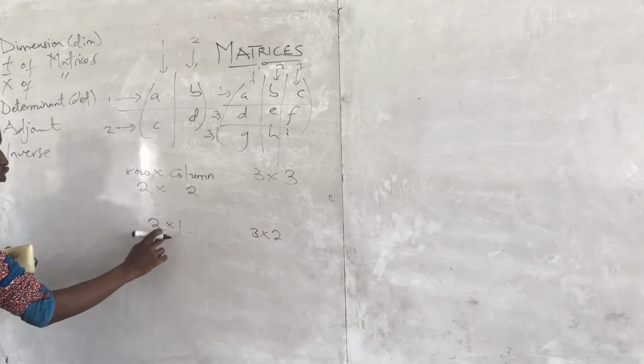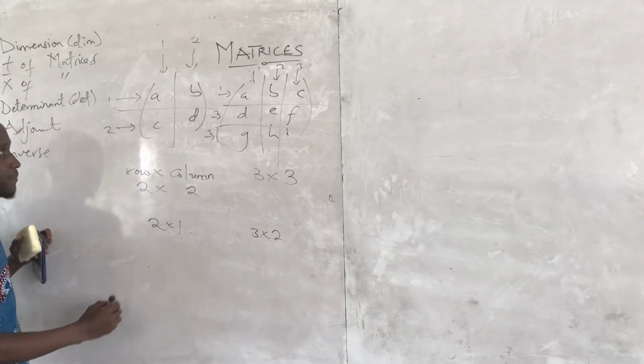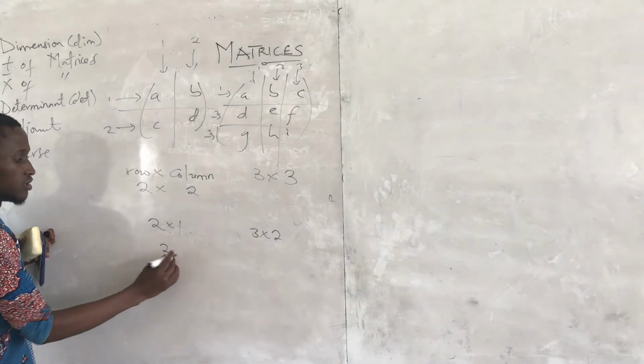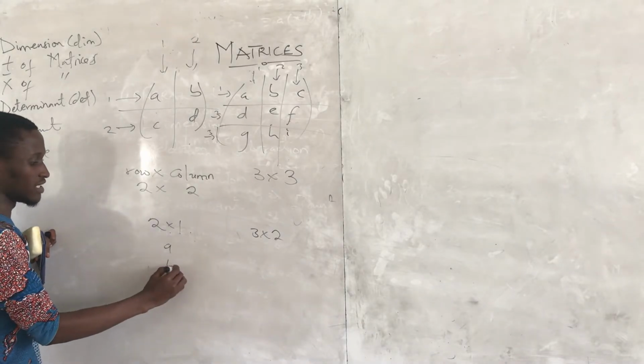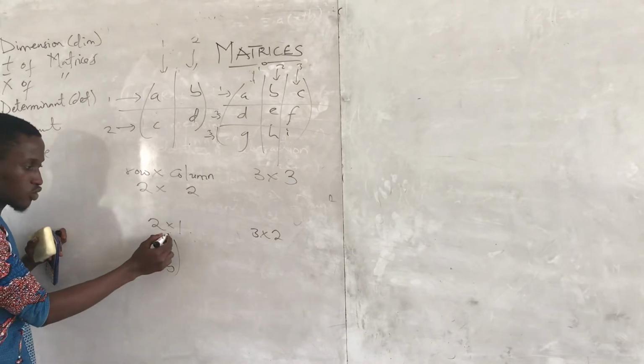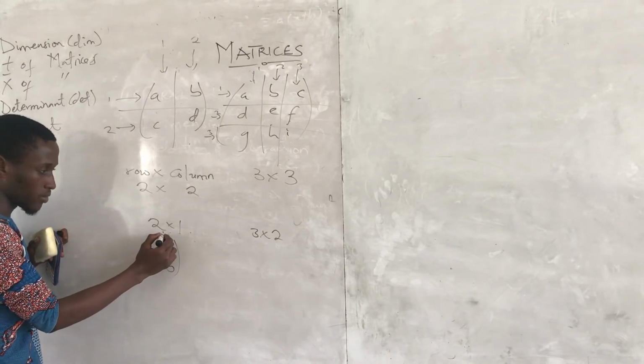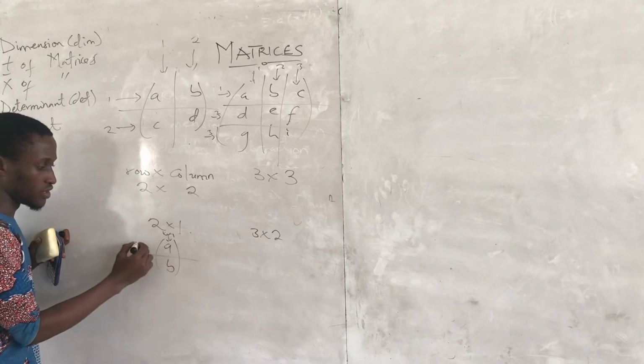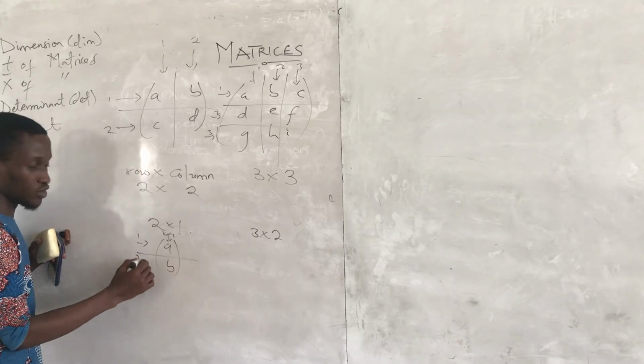So example of a 2 by 1 is mostly like a vector form. If I have A, B, now I have one column. The rows will be what? 2. So 1 and then 2.